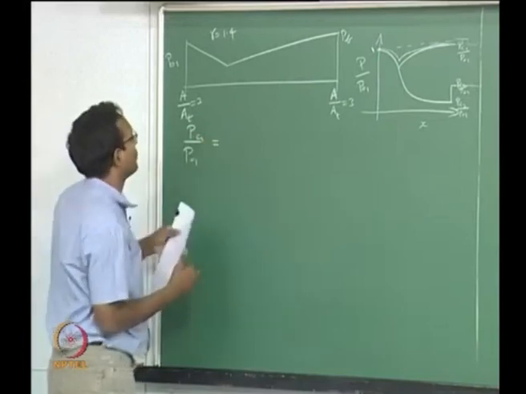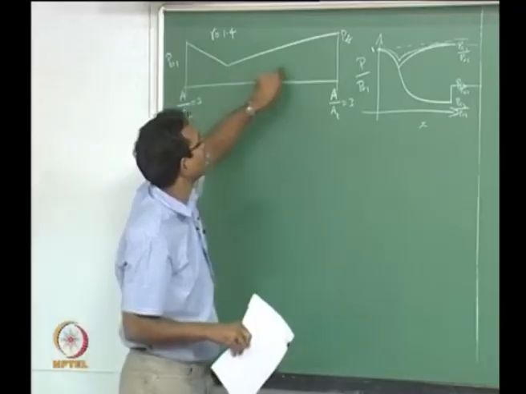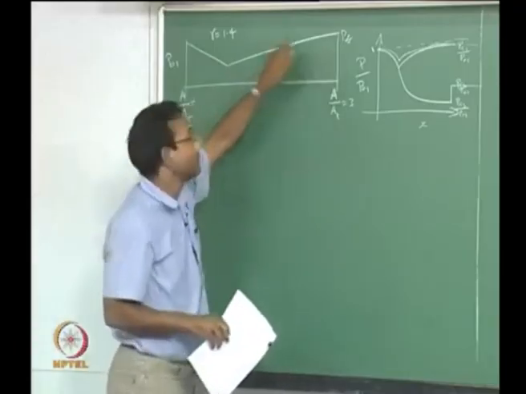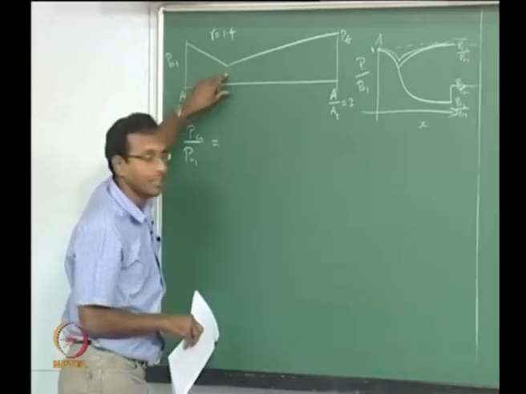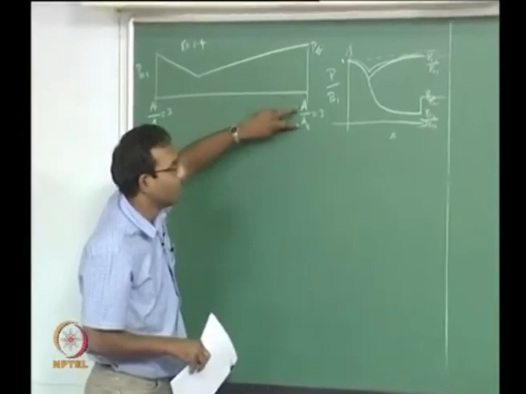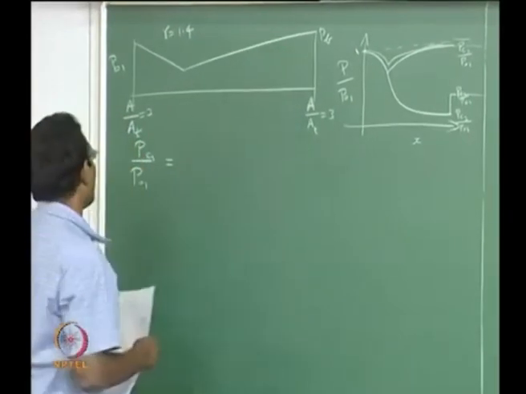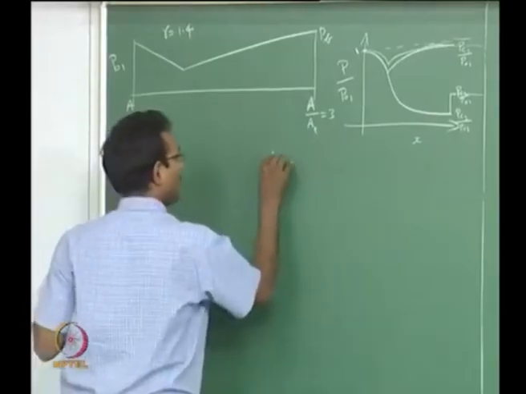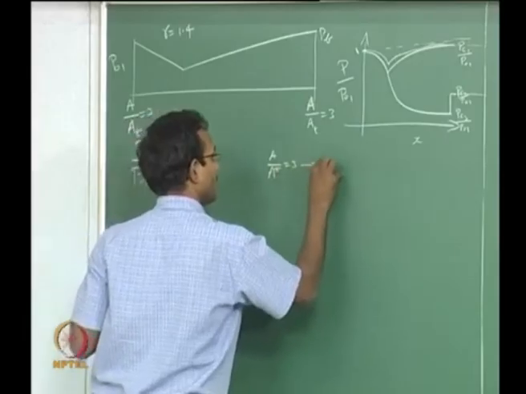I am going to assume that this is getting choked here, and then I am going to have subsonic flow all through till here, which means this A throat becomes my A star. It is choked, which means now I can use this A by A throat as A by A star at this location. So I will go and find A by A star equal to 3, subsonic solution.